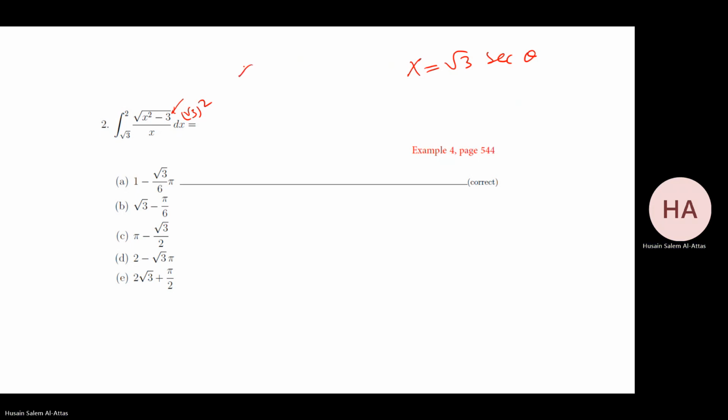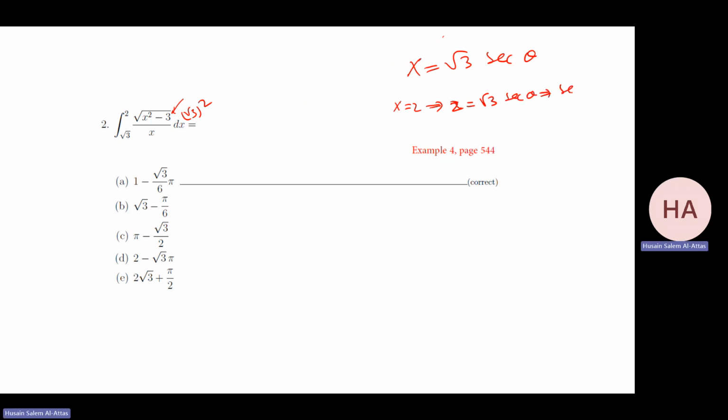If x equals 2, then I have secant theta equal 2 over square root of 3, where cosine is square root of 3 over 2. So theta is pi over 6, which is 30.